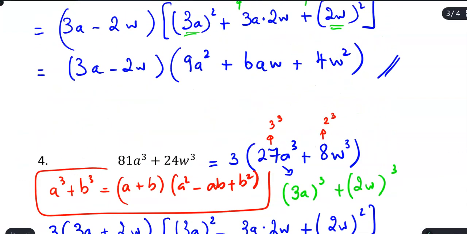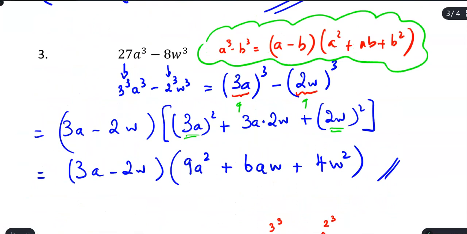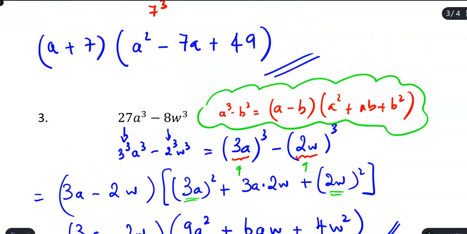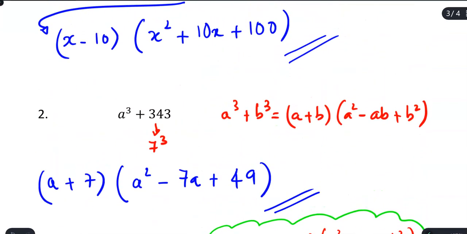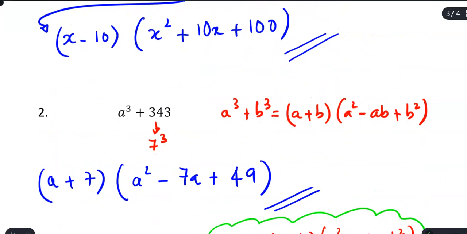Alright, okay, so for this one, I want to double check this as well. So I do have this as a plus, so I'm good. Okay, so it's good to double check our answer. A plus 7.